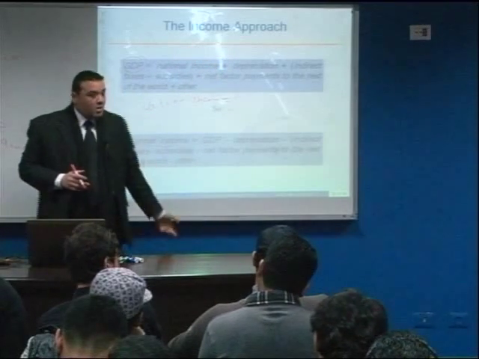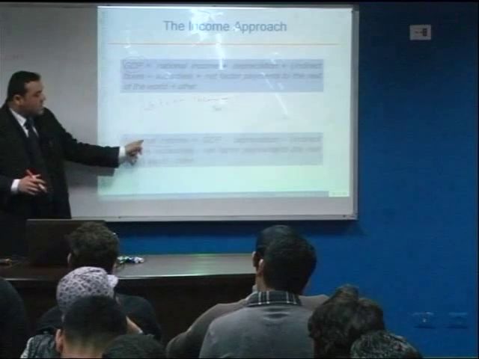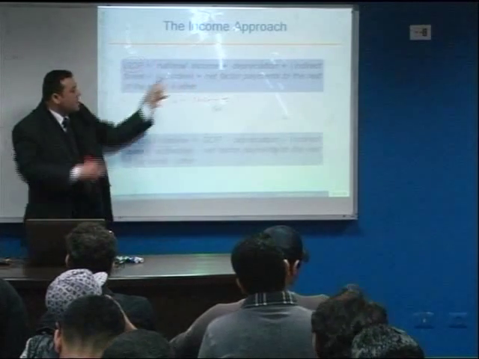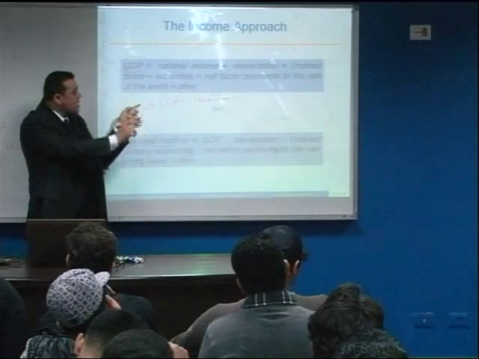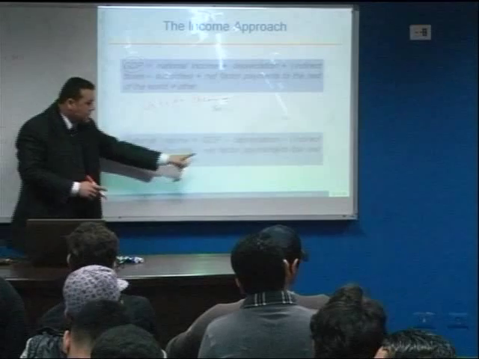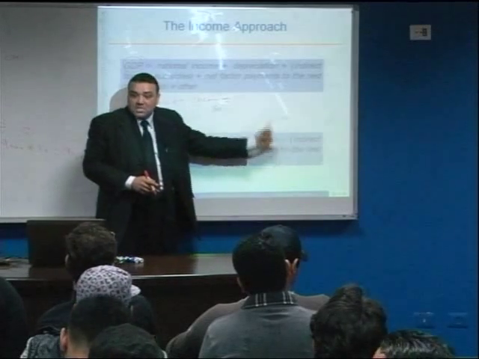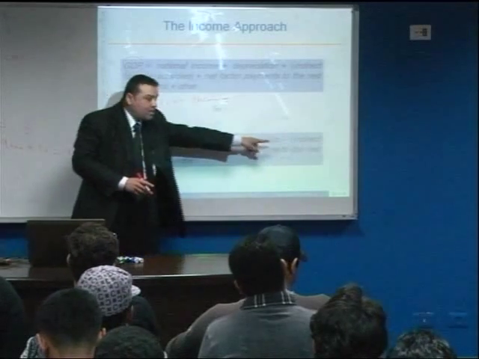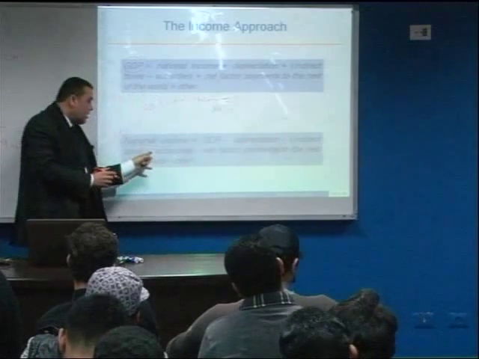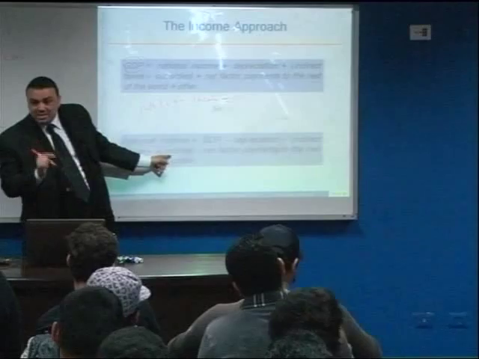So as you see, the national income equals the GDP minus depreciation minus, in brackets, indirect taxes minus subsidies. Now the minus enters the bracket: indirect taxes becomes minus, and minus times minus subsidies becomes plus, right?